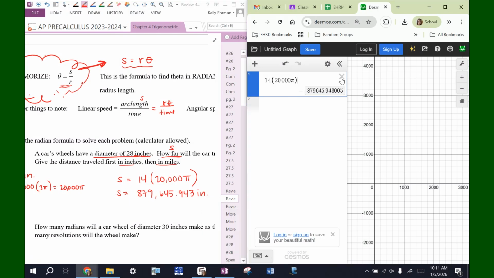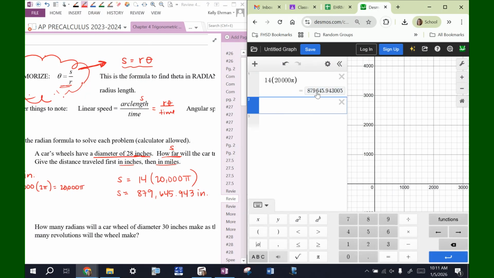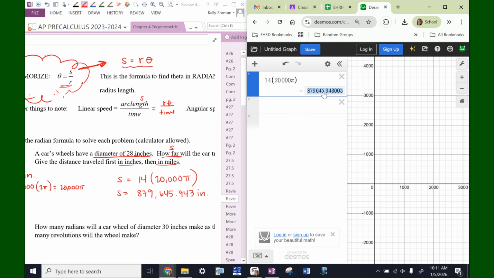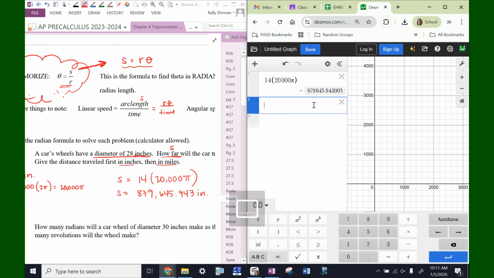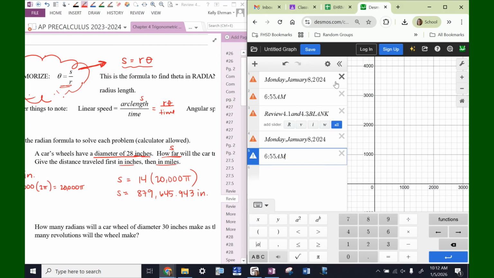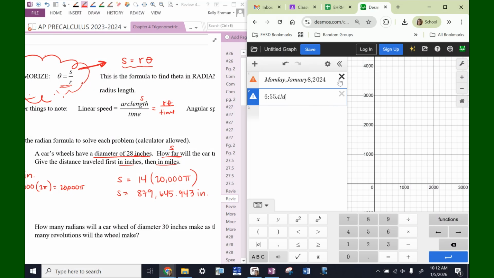How do I convert that to miles? Let me use my keyboard here. I try not to let everything glitch. All right, let me get that number on there again: 14 times 20,000 pi.